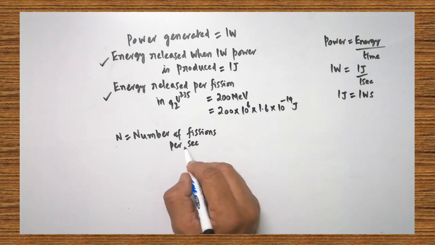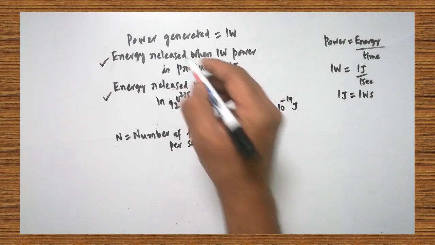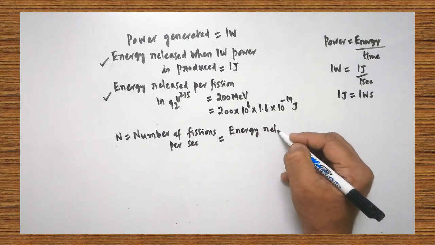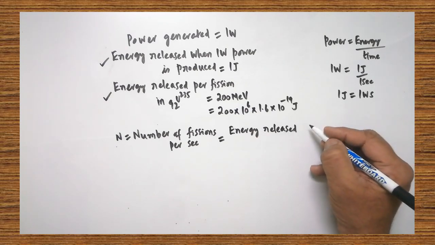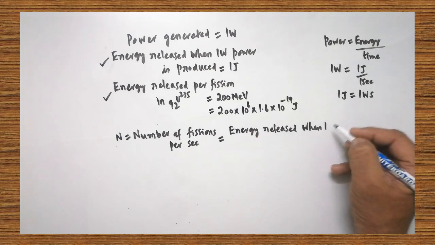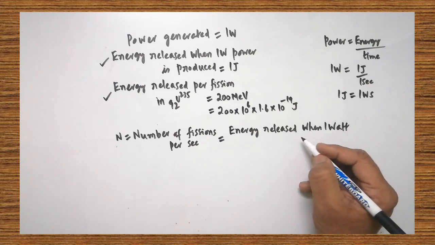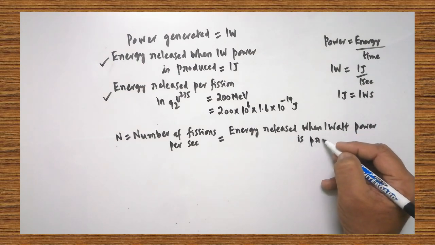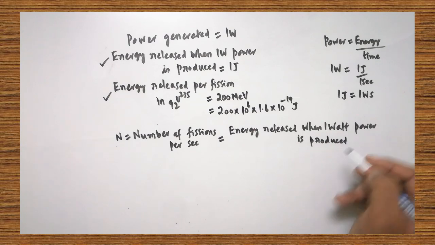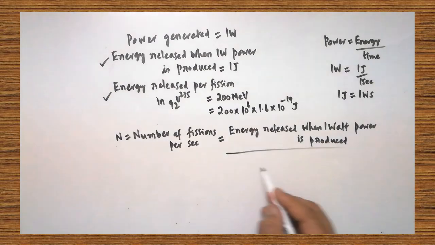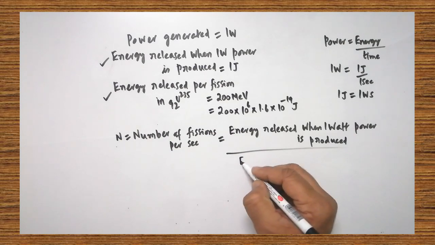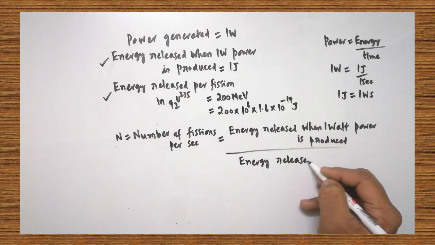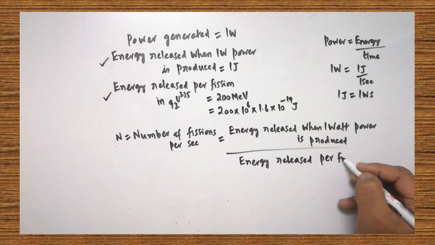Number of fissions per second is equivalent to, this sentence must be written, energy released when 1 watt power is produced, whole divided by energy released per fission must be substituted.